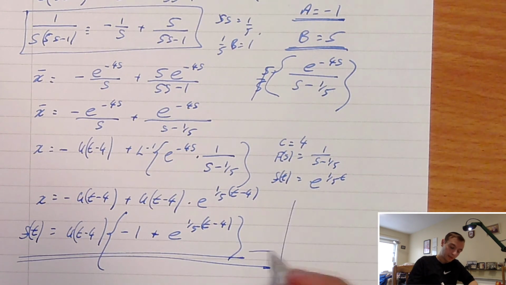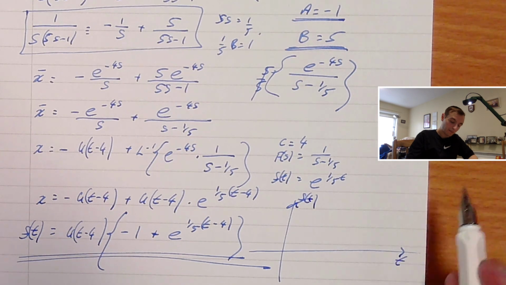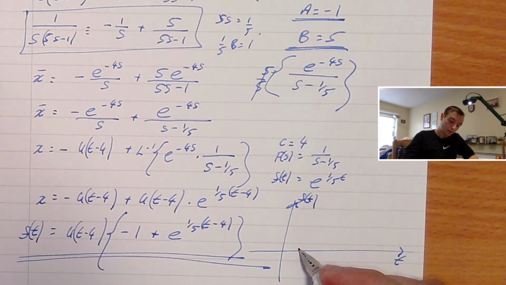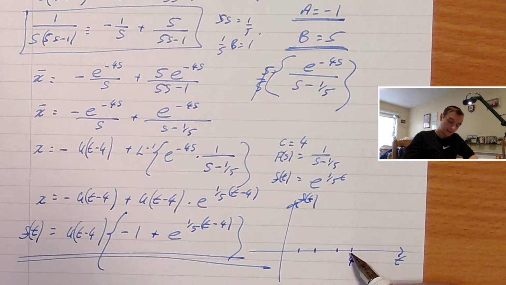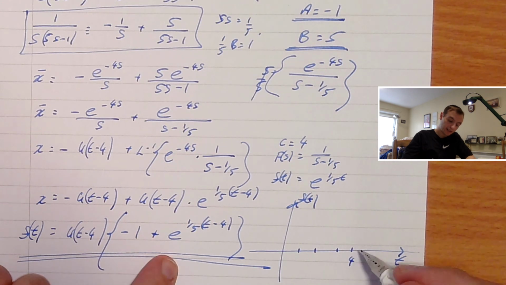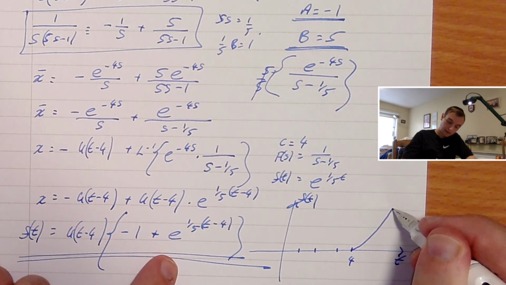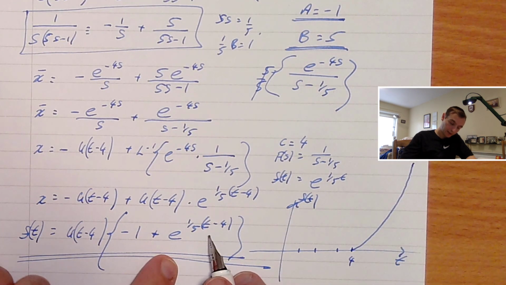And if we were to plot that out, we'll have f of t over here, t over here. We're told that the function only turns on when t equals 4. And the shape of this is going to look something like that, as t gets larger and larger.